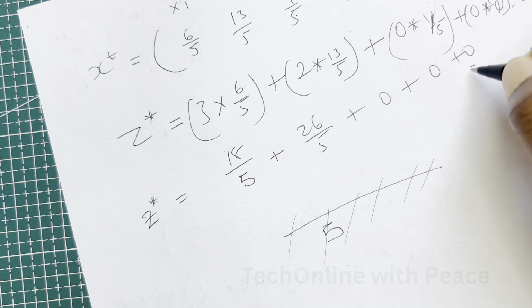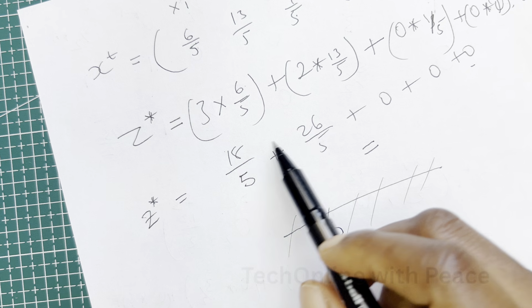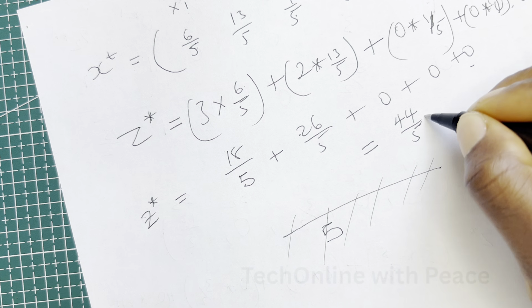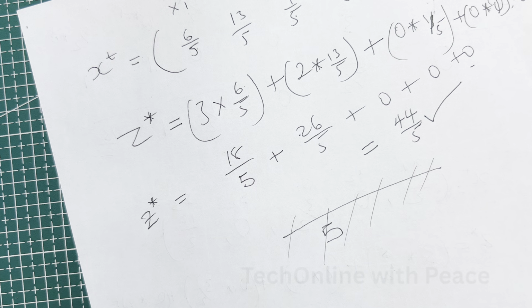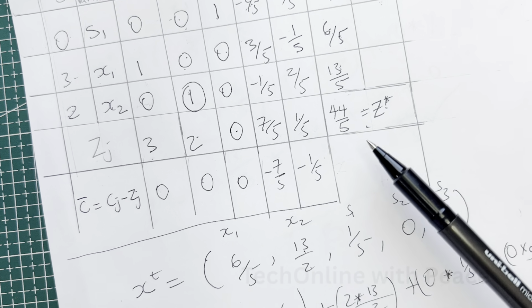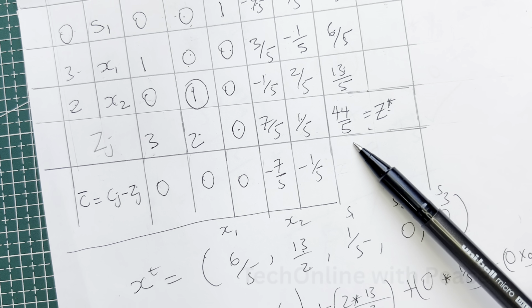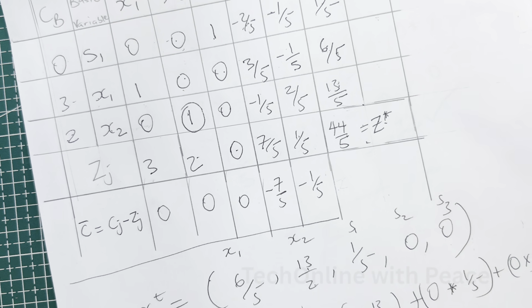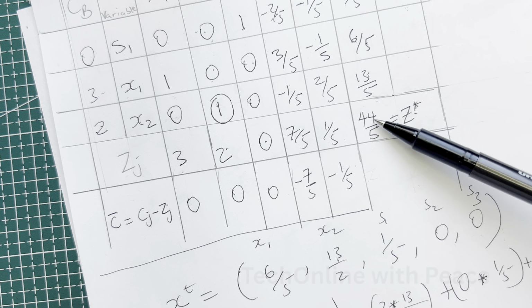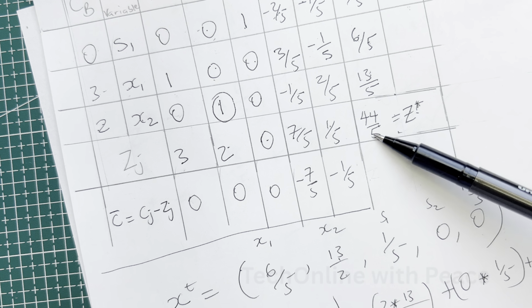When we sum the values together, we have 18 plus 26, we have 44 over 5, which is the same as what we got in our table here. So this helps us to get our maximum value for z. So this is a maximization problem. Our maximum value is 44 over 5.